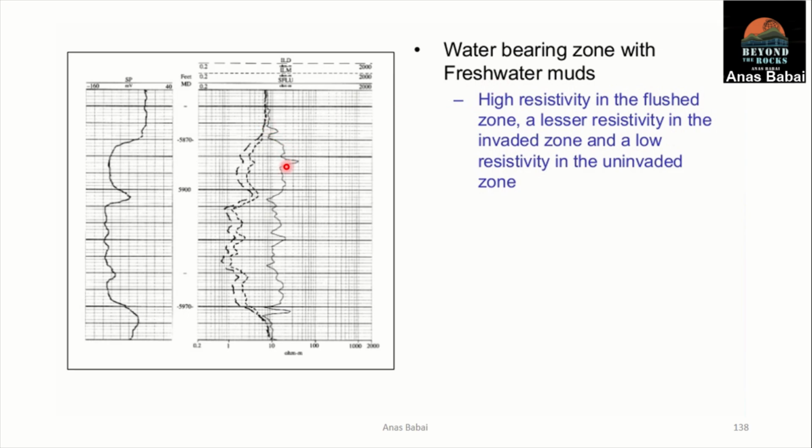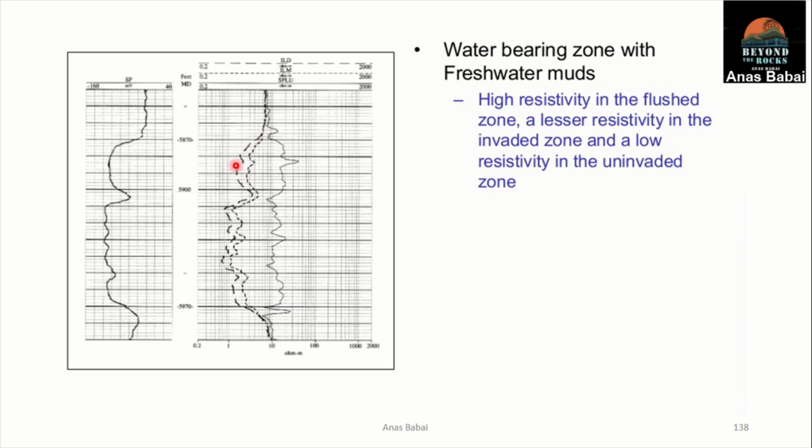The solid line is reading high resistivity, and since the formation is a water-bearing zone, and we know that the formation water is always salty since it contains a lot of dissolved salt, we're expecting the induction log deep and induction log medium to read lower resistivity, since it is highly conductive.